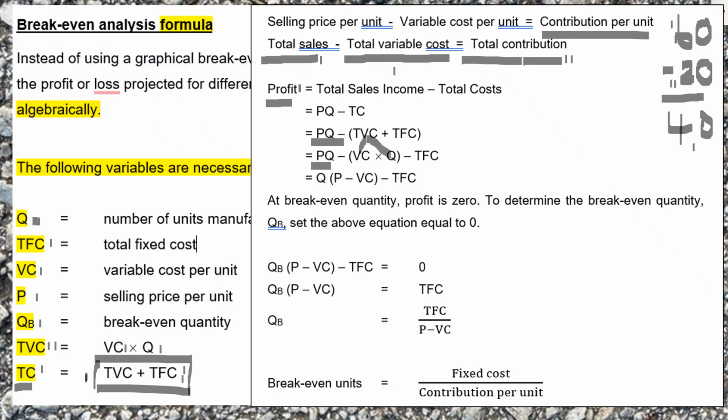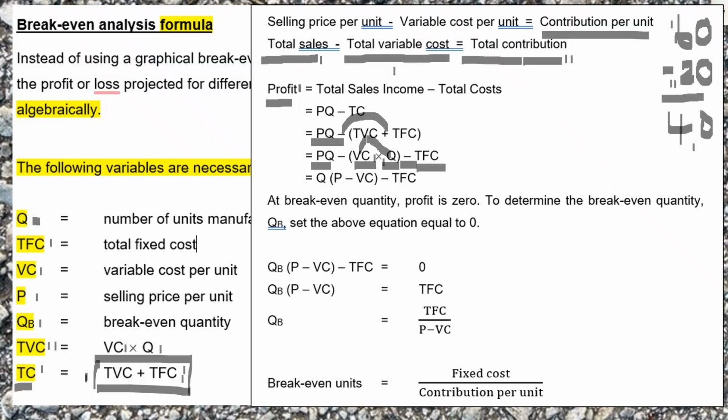Total variable cost is made up of variable cost multiplied by quantity, and that minus multiplied by a plus becomes minus total fixed costs. So income less total variable cost, which is made up of variable cost multiplied by quantity, minus TFC.